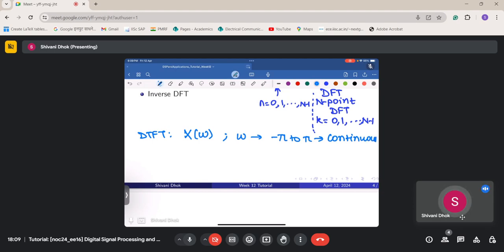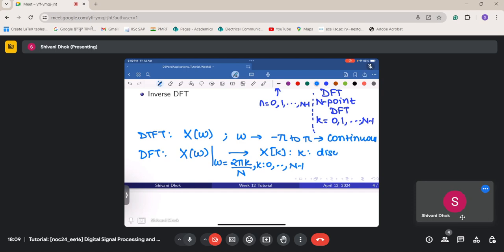Now this DFT is x of omega evaluated at omega equal to 2 pi k by n, where k varies from 0 to n minus 1, which will give me x of k, and this thing is discrete. Like this k is a discrete thing. So basically, if I discretize this x of omega in the independent axis into n points, I'll get a DFT. Does this answer your question?